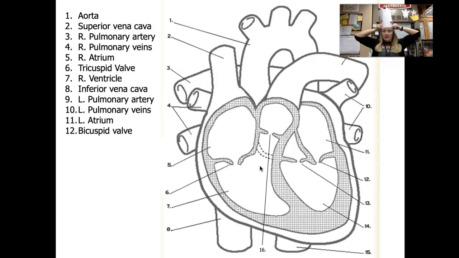Someone looked at the bicuspid valve and said, "Hey, that looks like a bishop's mitre. It has a little arch." I don't see it when I look in there, but somebody did, and they called it that, and it stuck. So cool story, I know.